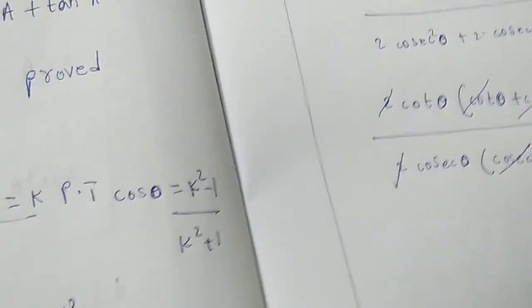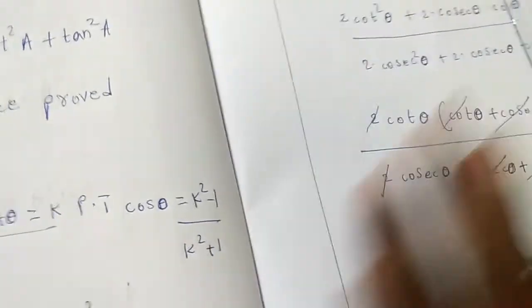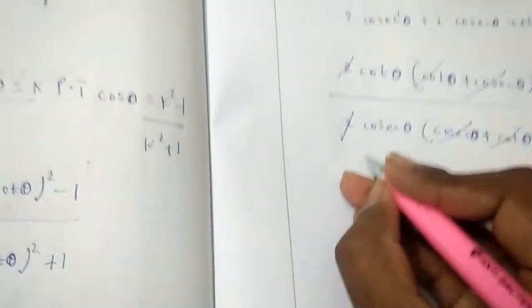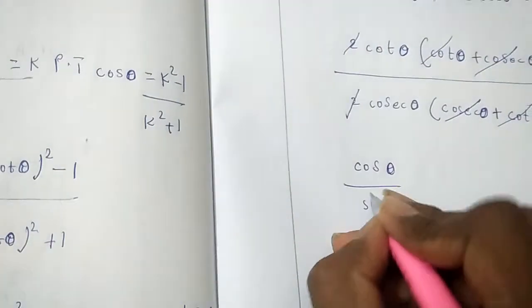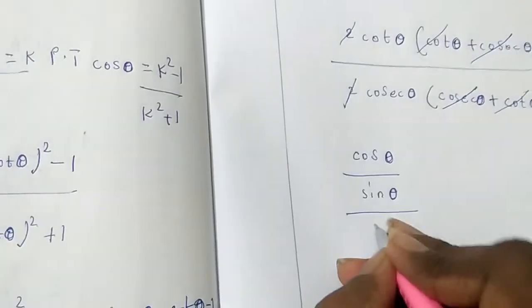Now cot theta by cosec theta. So we can write cot theta as cos by sin, cosec theta as 1 by sin.